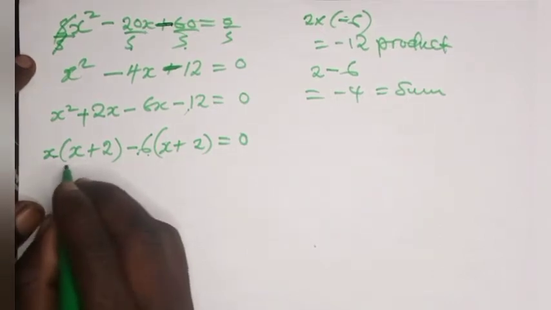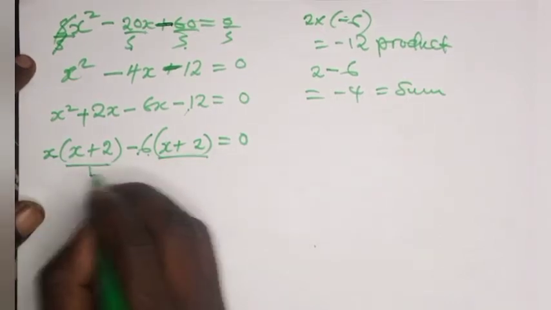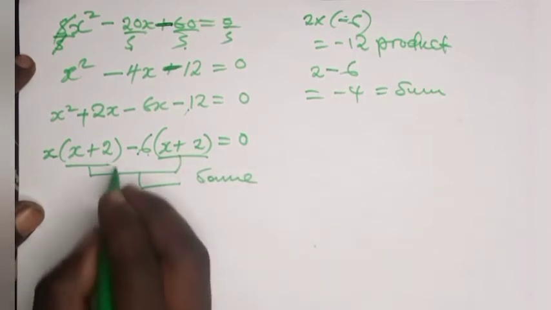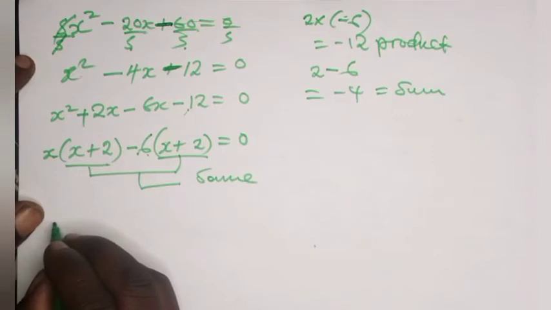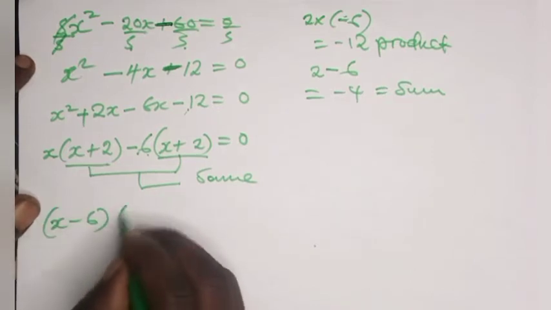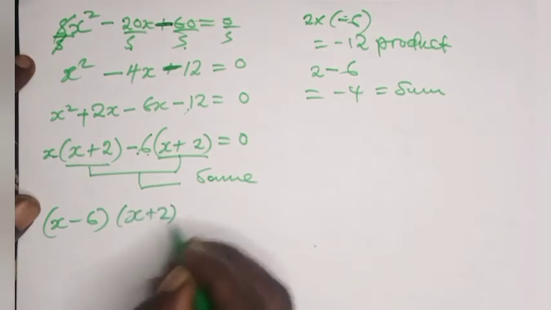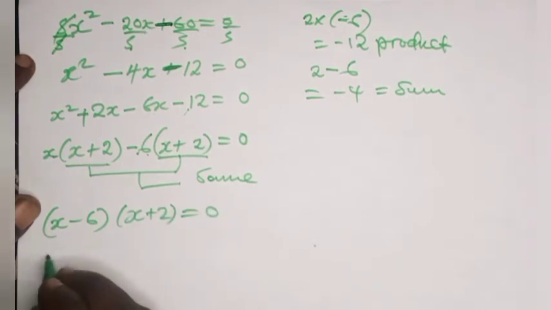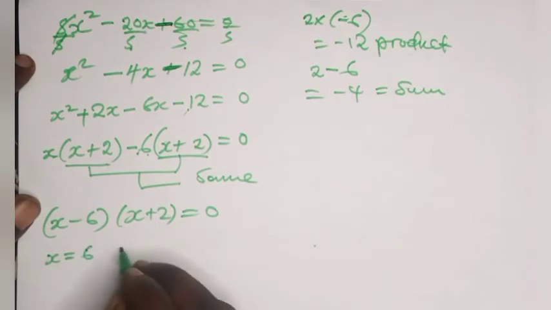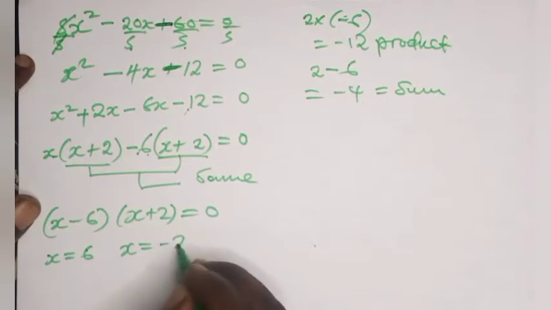Then as you can see, these are the same. We get x minus 6 in the bracket and x plus 2 in the bracket, which equals 0. Then we equate each to 0. x equals 6 and another x equals minus 2.